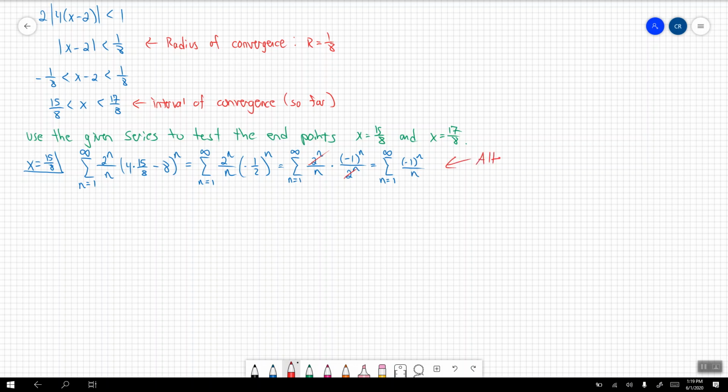This is your alternating harmonic series. Yay! The alternating harmonic series converges from the previous work that we've done. So the series will converge when x is equal to 15/8, because of the alternating harmonic series.